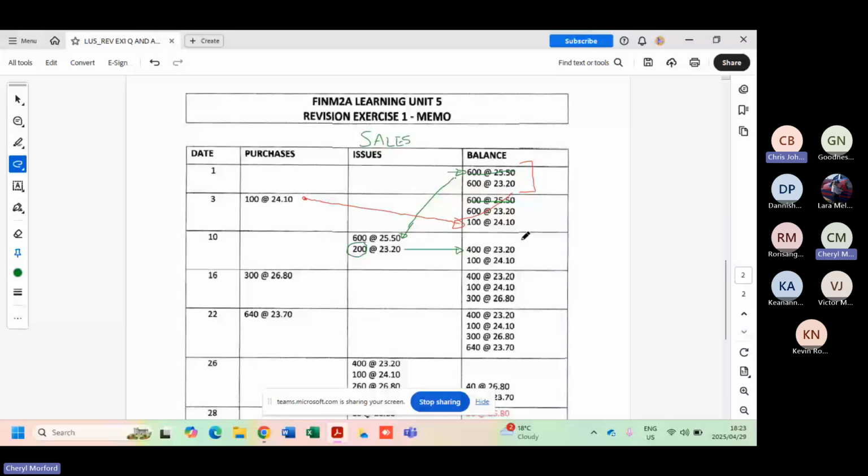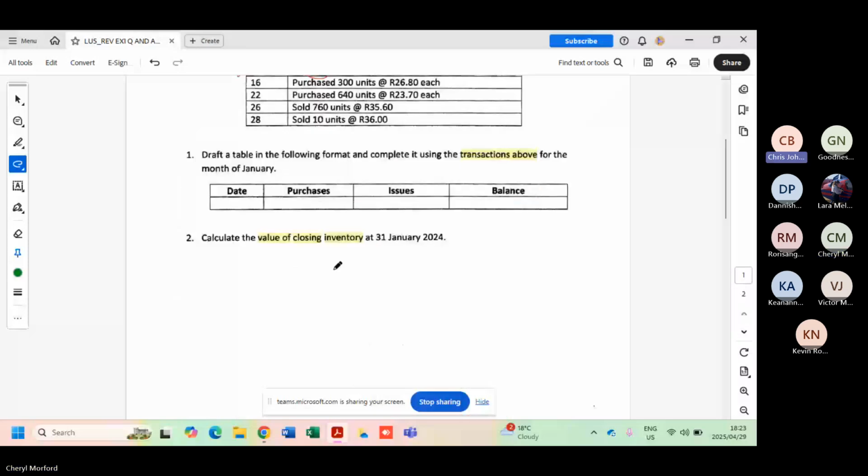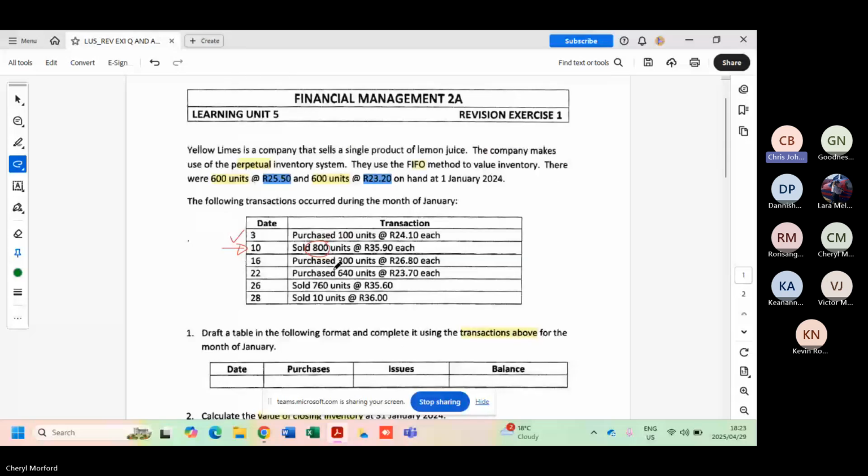Cheryl? Then, yes? Sorry, it might be a silly question, but how do you know that the first 600 at 25.50 is the oldest? Is it a given because it's mentioned first? Yes, just the way that it was. So you start to record as the information is given to you in the question. So this one over here, the 600 at the 25.50, you would record first, and then that other lot, you would record as second.